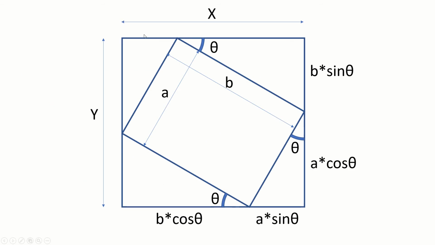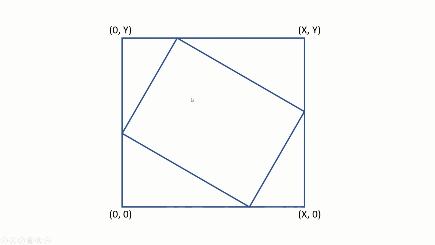Let's translate this distance into point coordinates. We have 0, 0, x, 0, x, y, and 0, y. This is b cosine theta, 0, because that's on these angles, therefore that's 0.